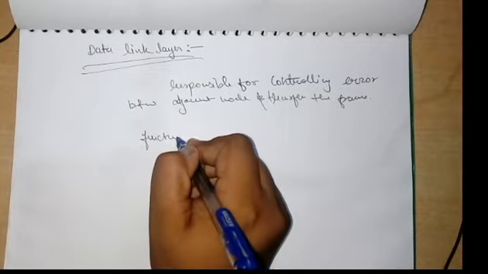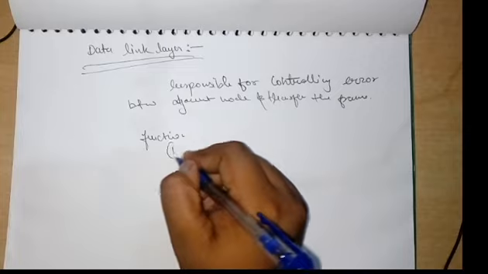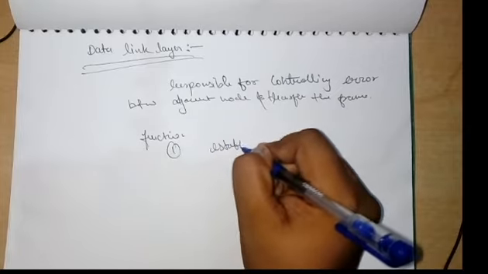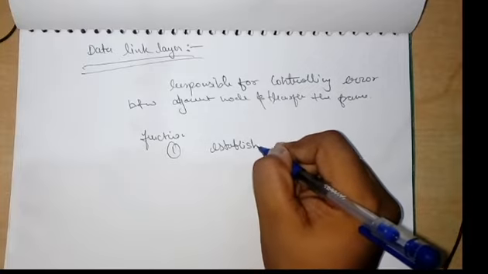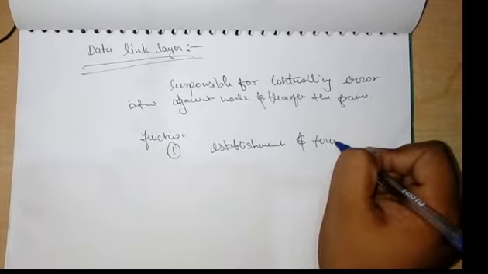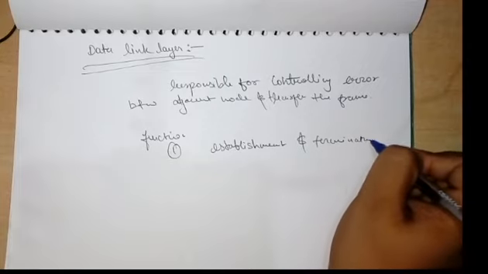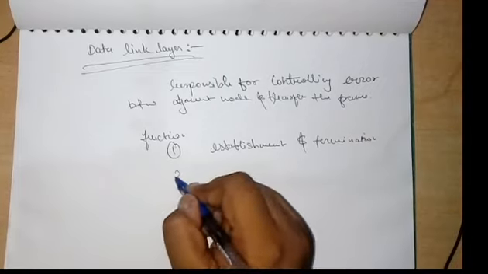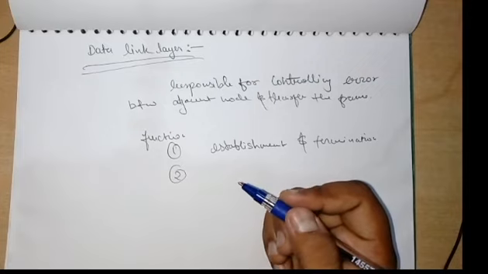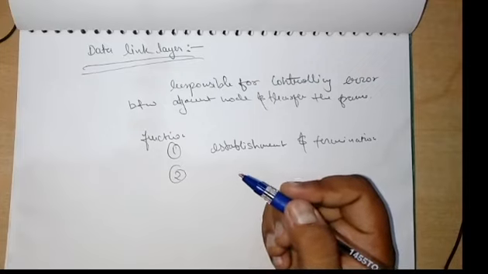Functions can be: first, establishment and termination. Second, frame traffic control, not that traffic, road one.